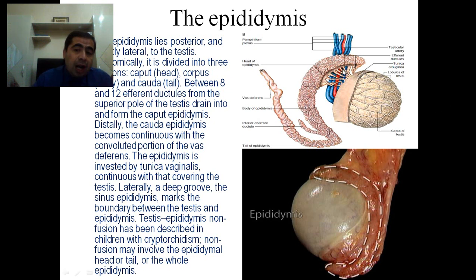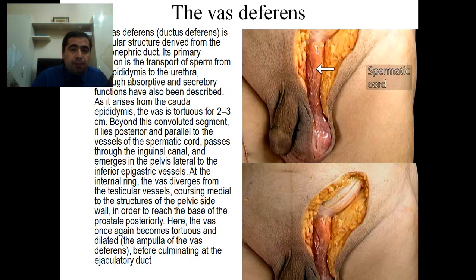But efferent ductules are also derivatives of the Wolffian body, but they are functionally normal structures, and the male genital system needs these structures because they originate from the rete testis and give the main mass for the head of the epididymis.